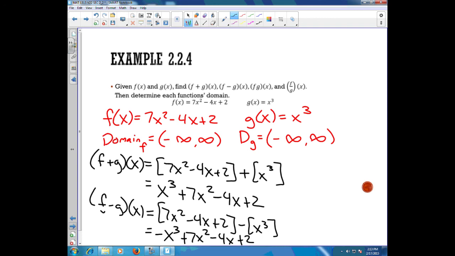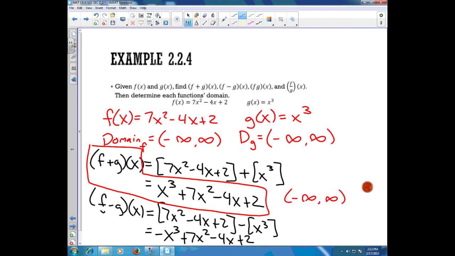Now we can look at these two functions individually. If you look at f plus g of x, notice that there are no denominators, no square roots. So the domain is all real numbers, minus infinity to infinity. Same thing for f minus g of x: no denominators, no square roots, so minus infinity to infinity.